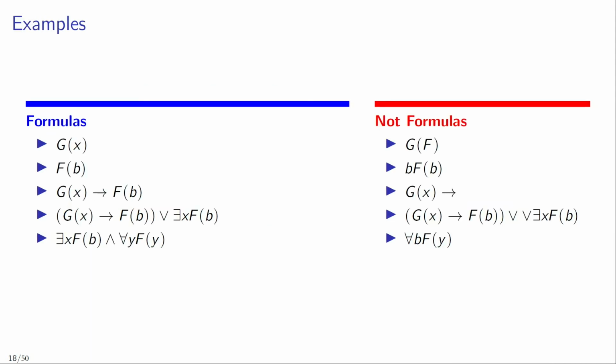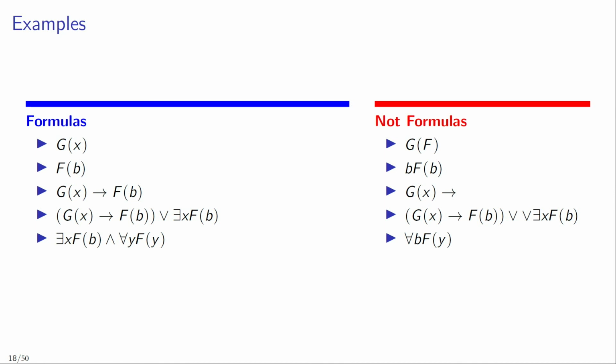So here you see a couple of examples. On the left-hand side, you see examples of formulas, and on the right-hand side, you see examples of sequences of symbols that are not formulas. So for example, Gx is a formula. More precisely, it's an atomic formula. Similarly, Fb is also an atomic formula.